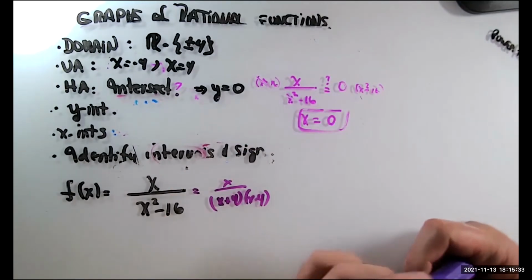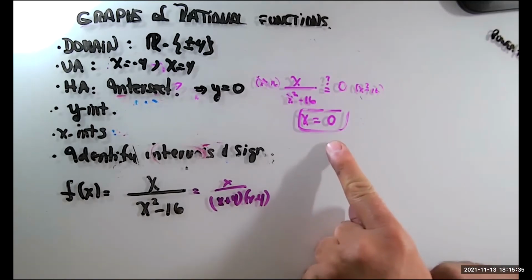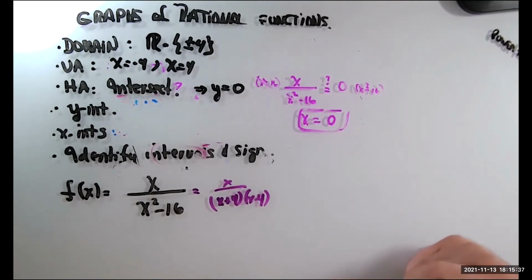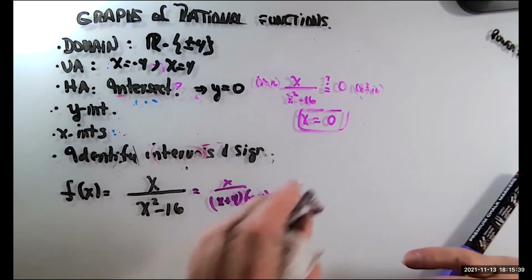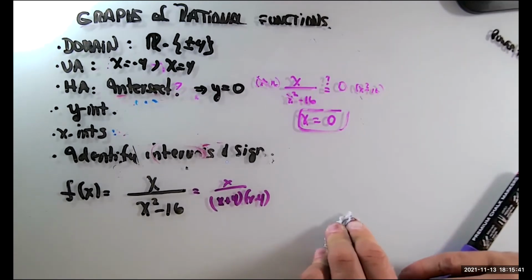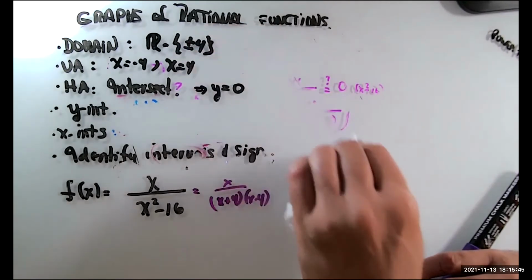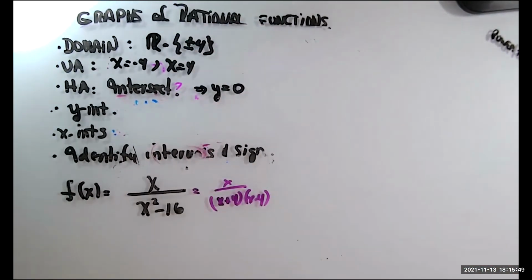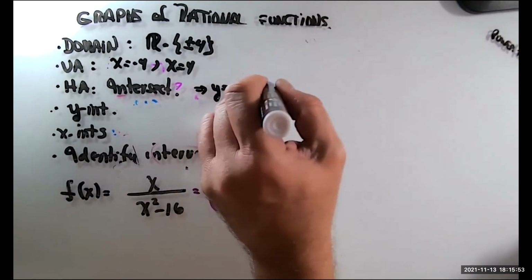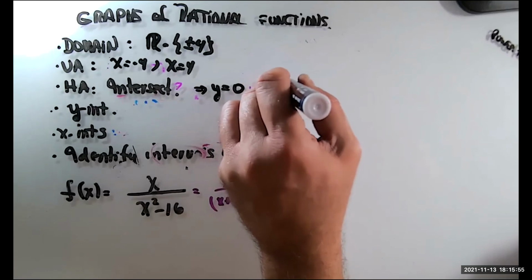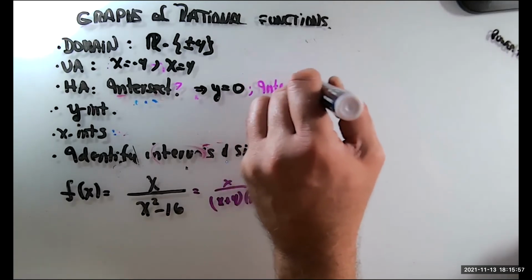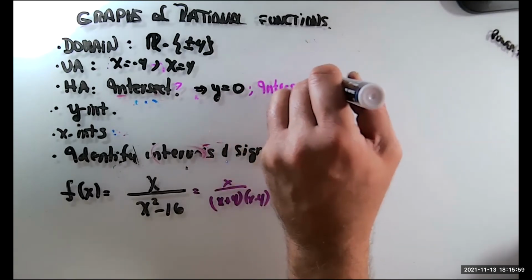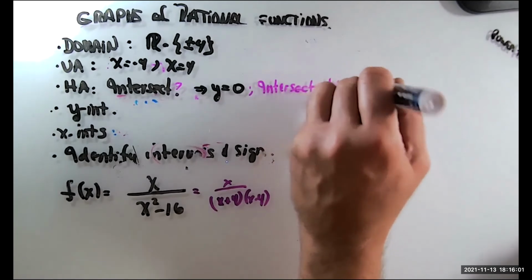Not only will we intersect, but I know that we will intersect at x equals 0. So we know that the horizontal asymptote is y equals 0, and this guy we will intersect at x equals 0.